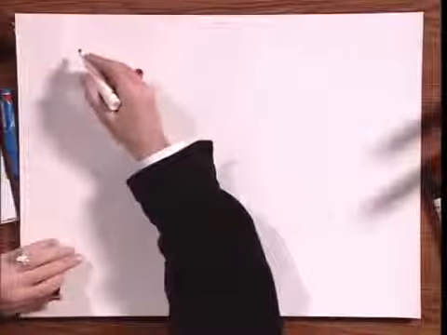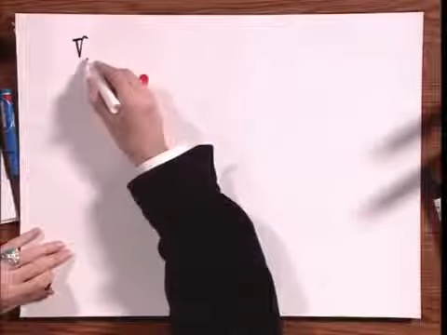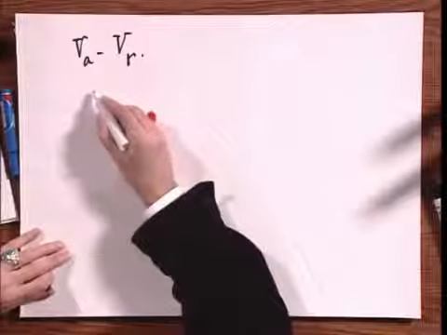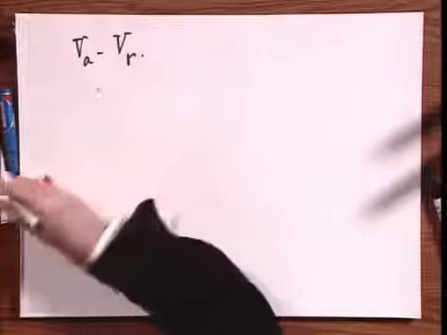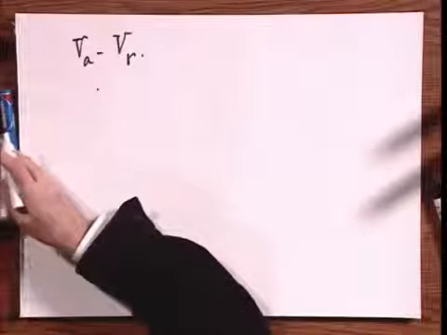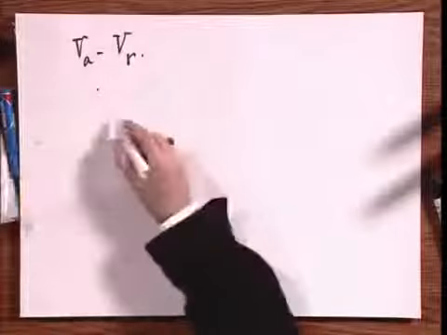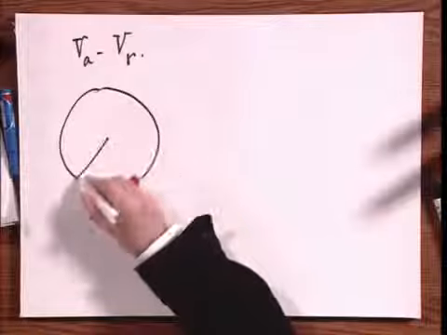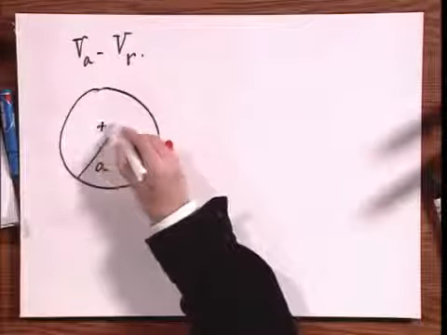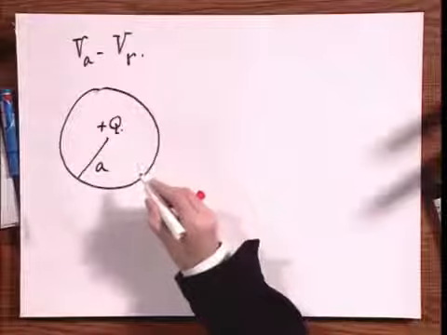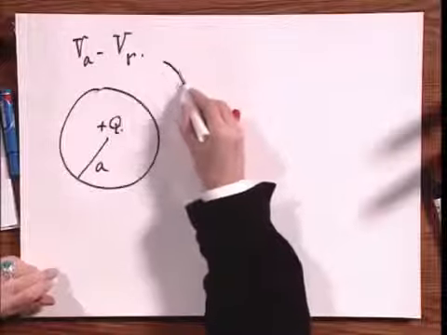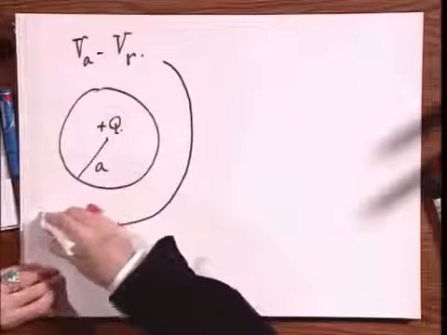Let's now go back to our problem, and we want to know what VA minus VR is. Let me make sure that you have the geometry right. Oh yeah, we have here the radius A, and we have here plus Q. And we want to know what VA minus VR is, and we want to know that everywhere in space.